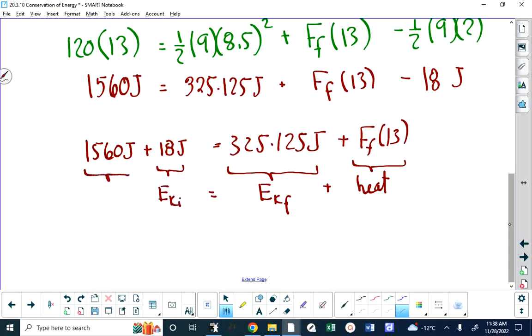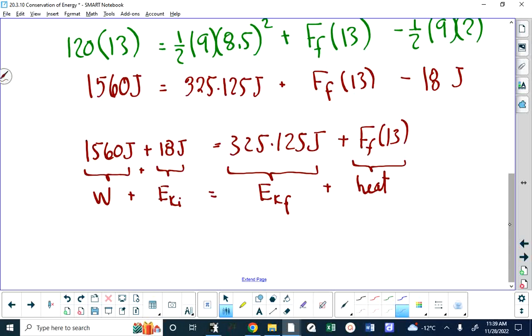And this is the work. That should make sense to you. If there was initially 18 joules of energy in the system and I pumped in 1,560, then the sum of this is the total energy in the system afterwards. And some of it will be kinetic energy of the object, and the rest will be heat.